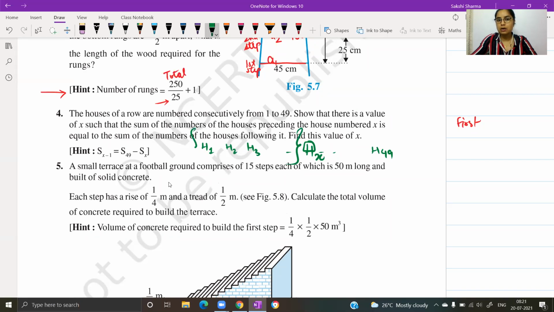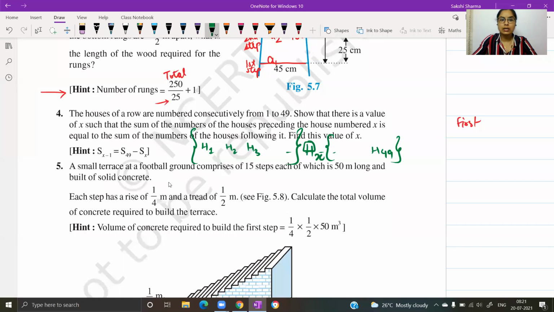उसके पहले जितने भी houses हैं, इन सभी की अगर हम values को add करें, you have to add the numbers. House number 1, that means 1, plus second house number 2, then up to the one right before the house number which is marked as x, उससे पहले जो value आएगी, इनका जो sum होगा वो इसके बाद वाले houses के numbers के sum के equal होगा.